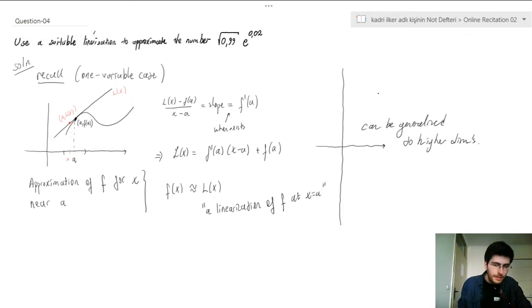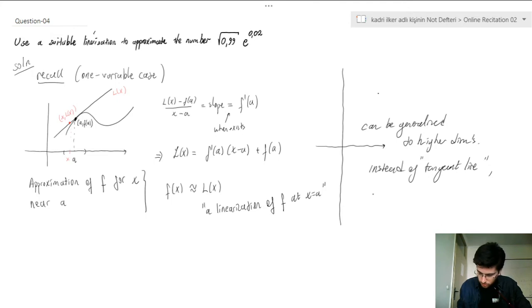But now, of course, instead of the tangent line, we replace this concept with the higher dimensional counterpart, which is the tangent plane.